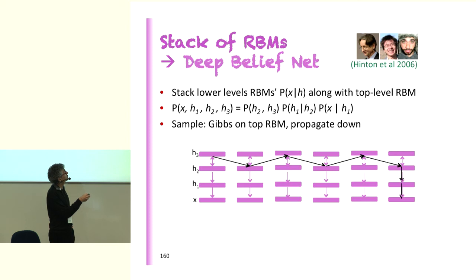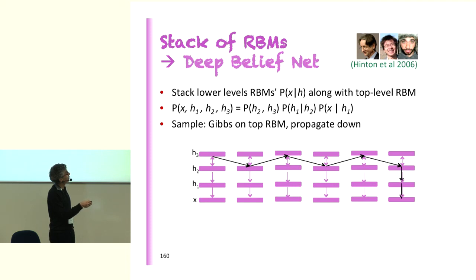We have the visible or input units X, and let's say we have 3 layers. We're going to decompose a joint between all these variables as a product like this, where we first generate the top level units with an RBM. So we know how to train an RBM between 2 layers.